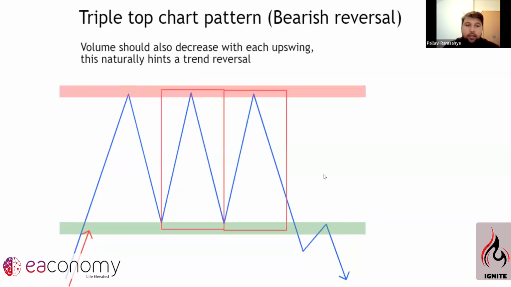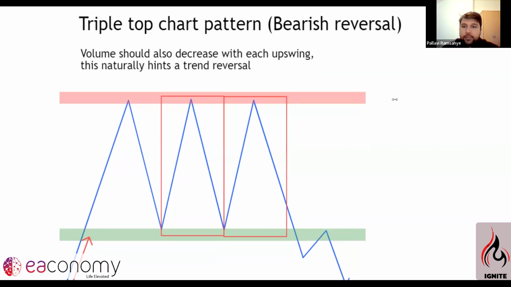So then, with the second and the third upswings, with this first one, what you'll notice, when you have these 2 upswings, is that volume will decrease.